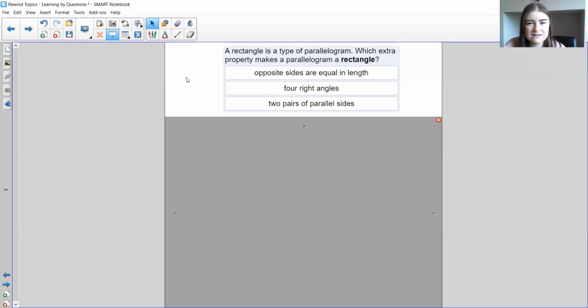Do they have opposite sides equal in length? Opposite sides are equal in length. 4 right angles. Yeah, it's got 4 right angles. And 2 pairs of parallel sides.